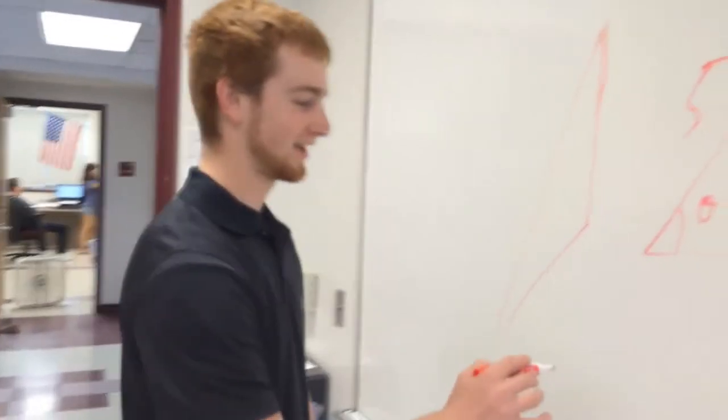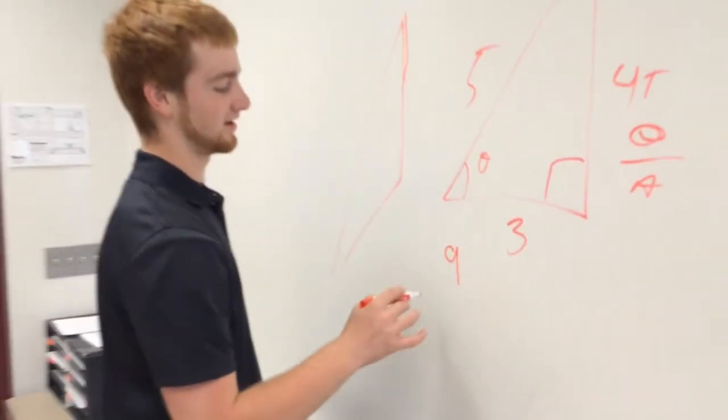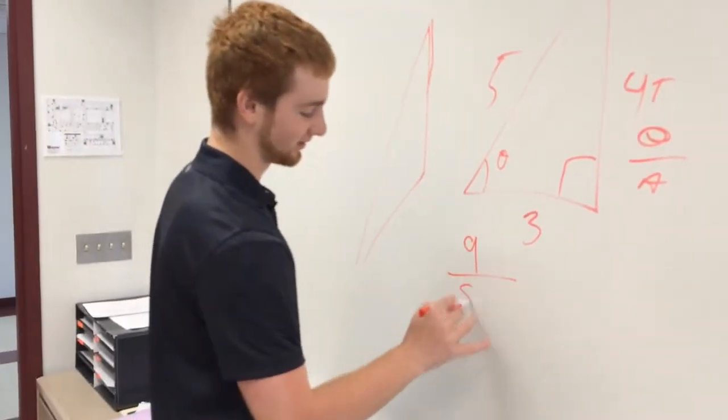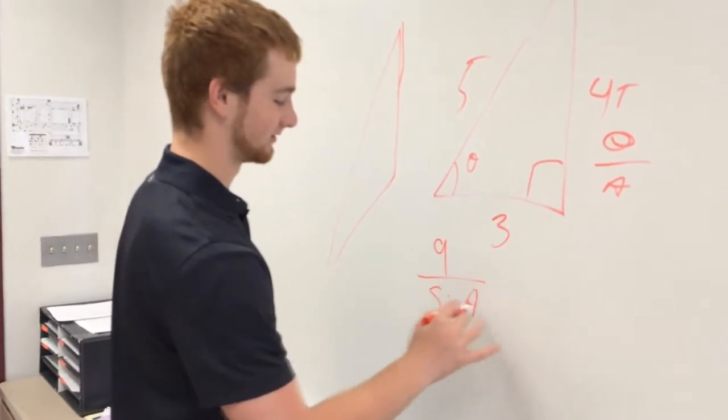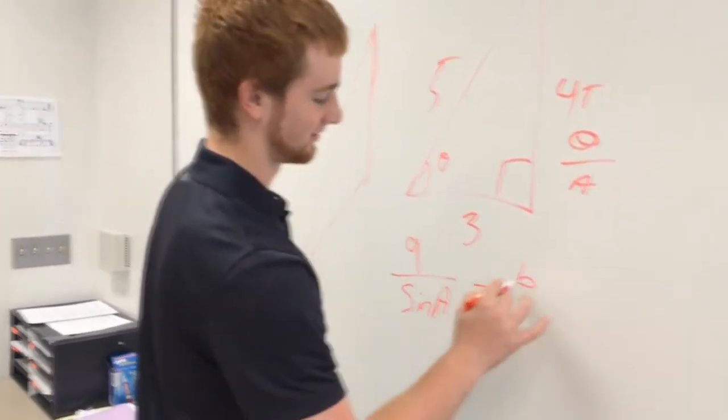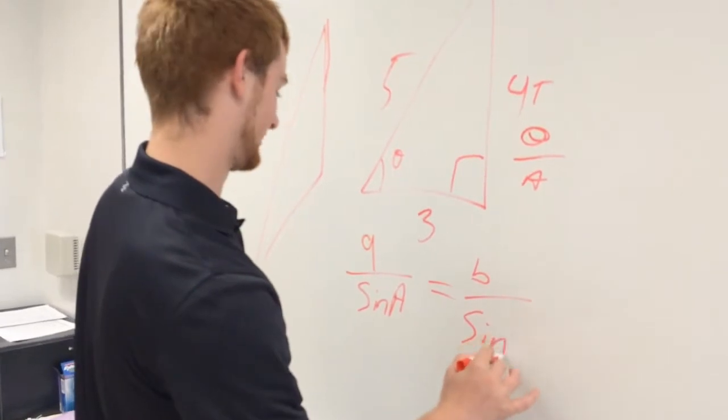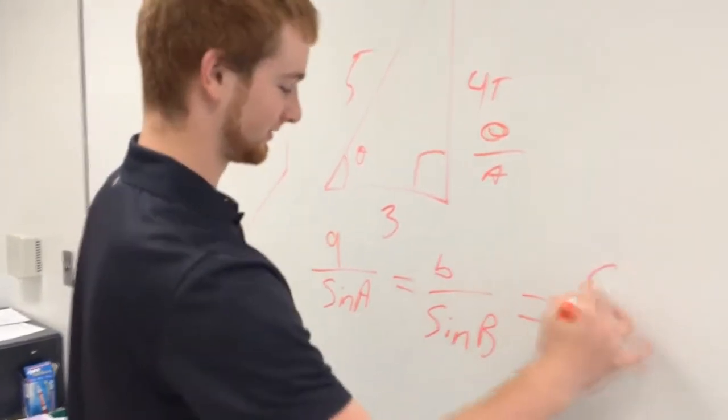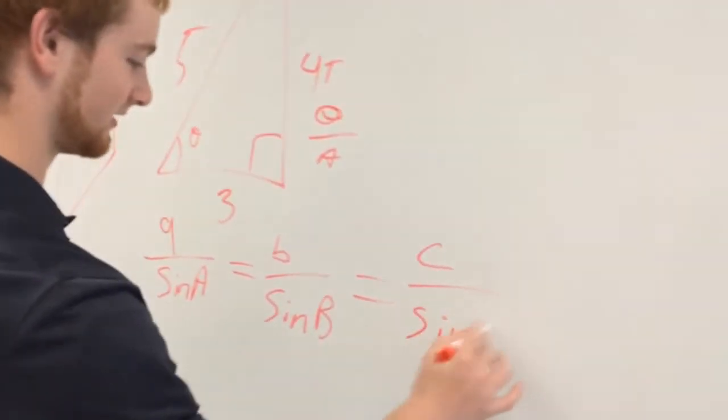Okay, now allow me to write it on the board. So when you have a side length, the side length over the sine of that angle is equal to the side length over the sine of the other angle, which is also equal to the side length over the sine of the other angle.